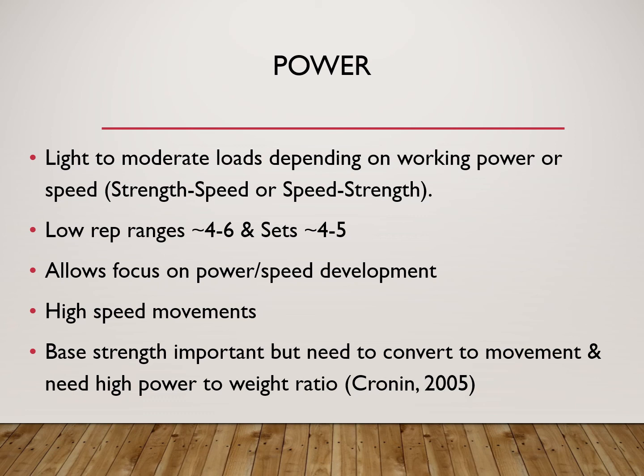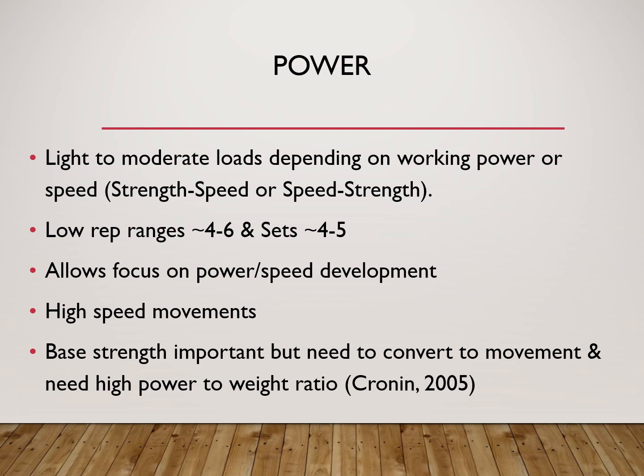Again, we're using relatively low rep ranges and sets as well. Don't want to have too much volume. There's a high neuromuscular demand from this type of training, so we have to keep overall volumes relatively low. But again, the focus really is on high speed movements in this.